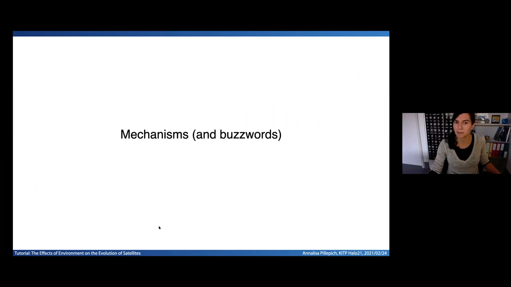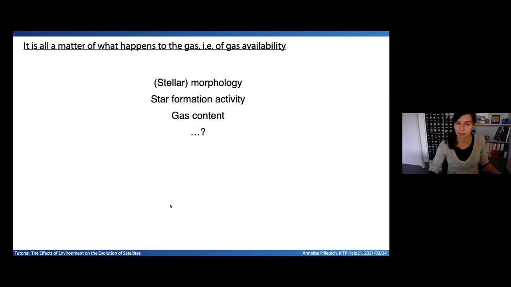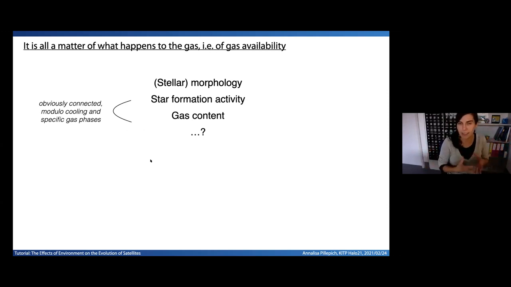So what's going on? I think it's useful to simplify the perspective a little bit, and I would argue that it's not a simplification. I would argue that it is all a matter of what happens to the gas and to the gas availability. This is generally true, up to second order, I would say, in galaxy evolution, but it's also true in this context. Star formation activity and gas content are obviously connected, modulo, say, cooling and the availability of gas in specific gas phases.